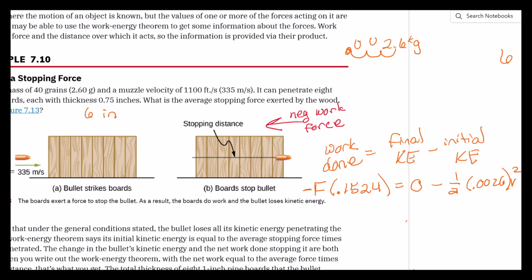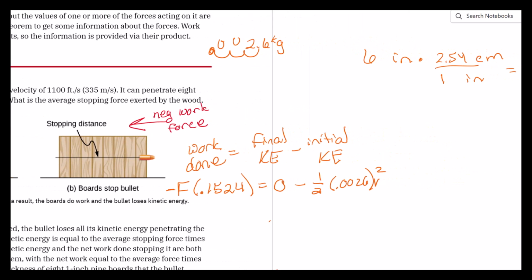Muzzle velocity is 335 meters per second, so it does give me that. 335 meters per second, and then I square the whole thing. So the two negatives cancel out, so that's good. It would be weird if it didn't.